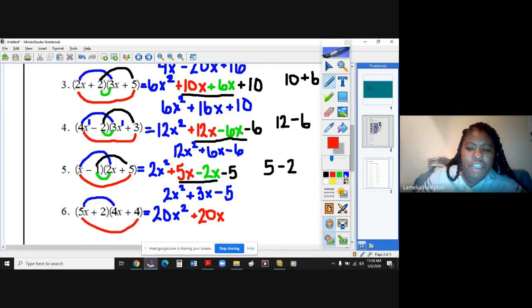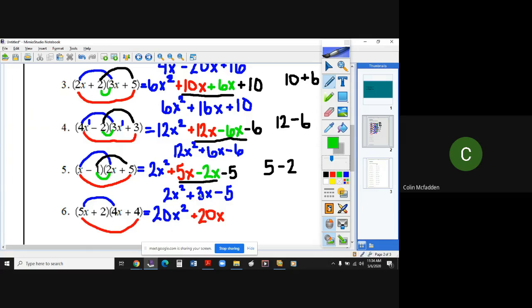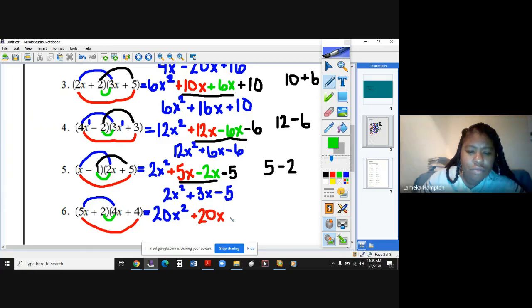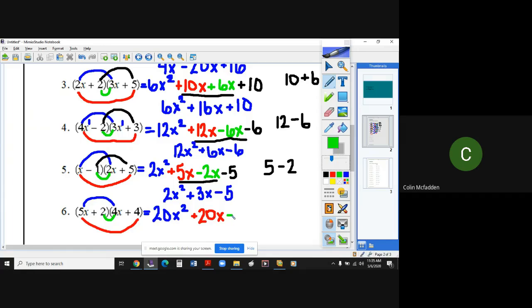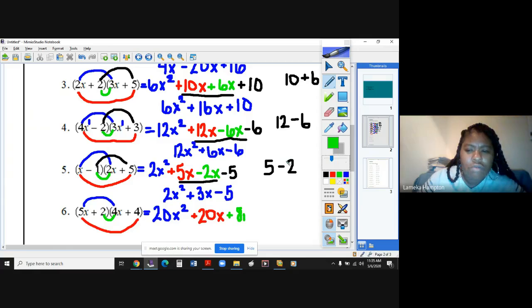All right, green is next, 2 times 4x, which gives me 8x. I was getting ready to put an 8m. I don't know why I was thinking m, all of these are x's, so my apologies.